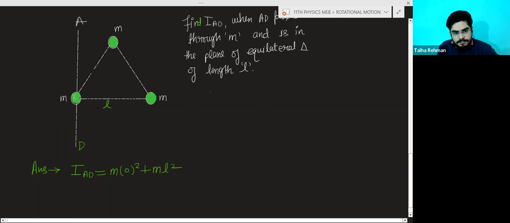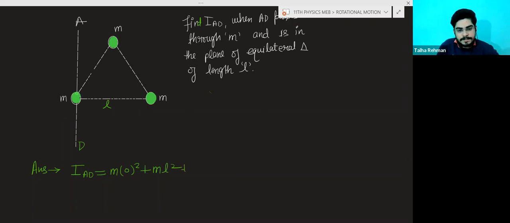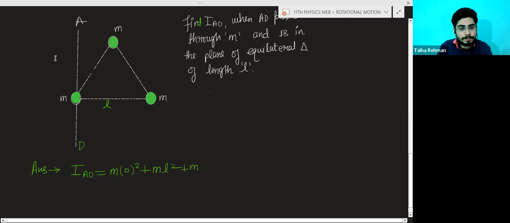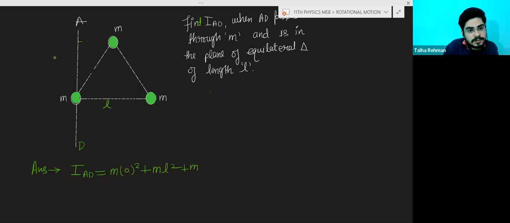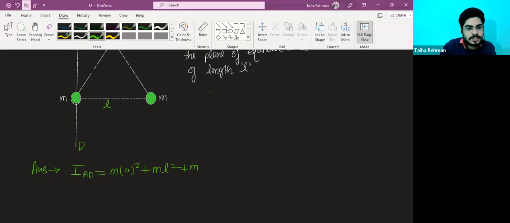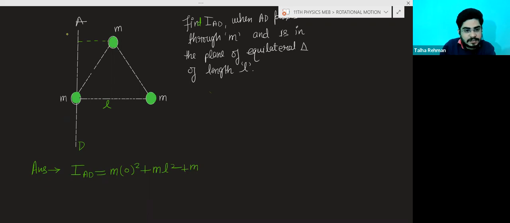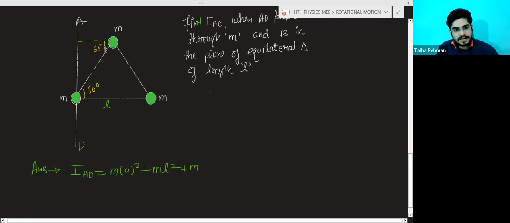Now for this mass, what distance do we take? M times perpendicular distance square. How do we find this perpendicular distance? If this is an equilateral triangle, this angle must be 60 degrees. This line and this line are parallel, so alternate angles are equal and this angle is also 60 degrees.